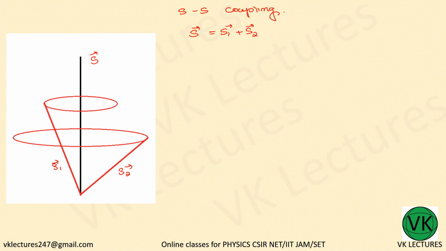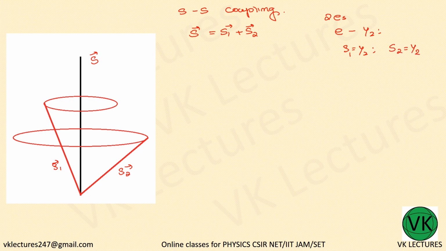Here also there are two electrons, each with spin half, so S1 is equal to half and S2 is equal to half.